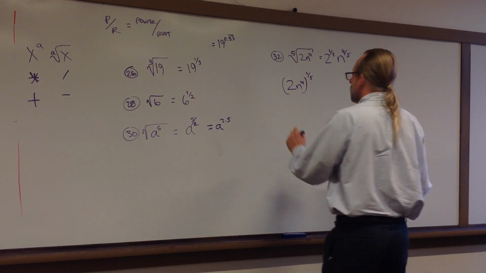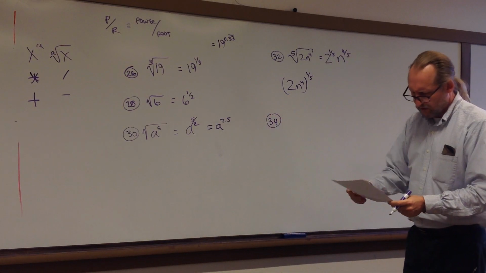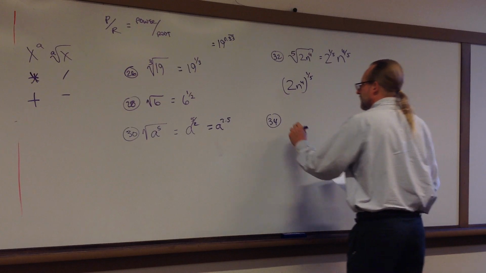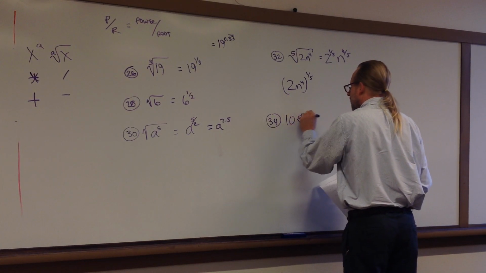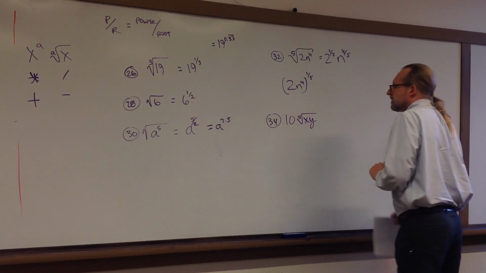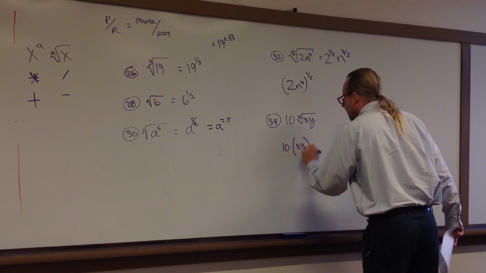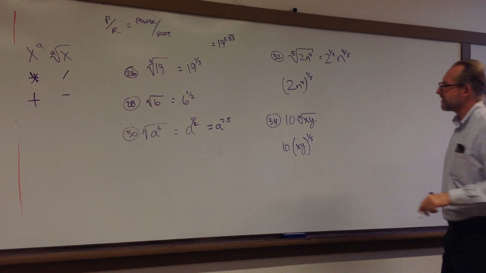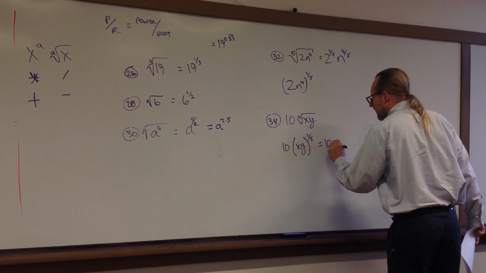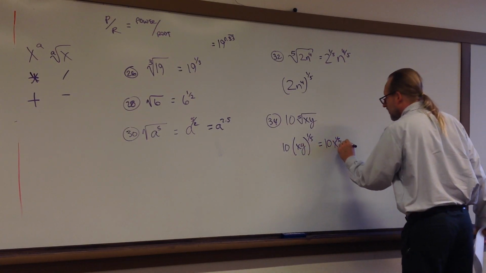Problem 34. So now we've got this issue of the 10 being outside of that radical symbol. Let's see here. Fifth root of xy. So that means the 10 is not going to be affected by whatever exponent we use here. That'll be 10 times xy to the 1/5 power, and you can distribute that into the parentheses if you like, right? Because it's multiplication.